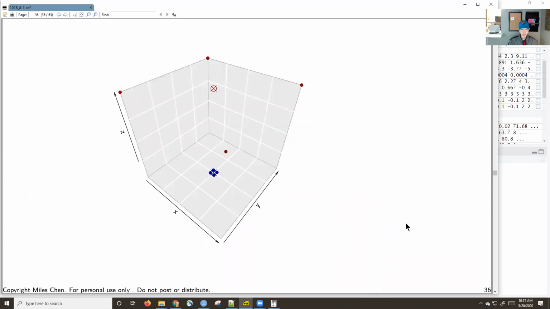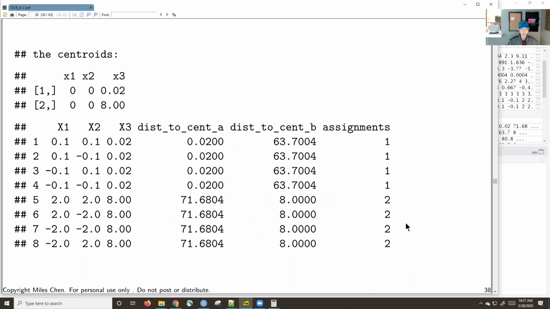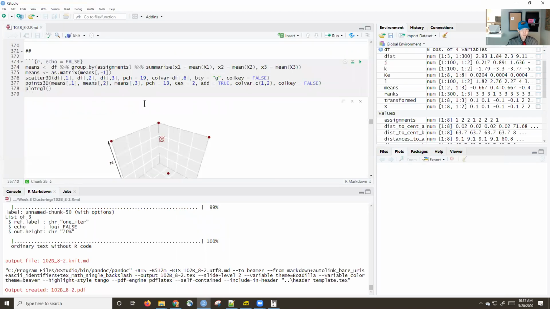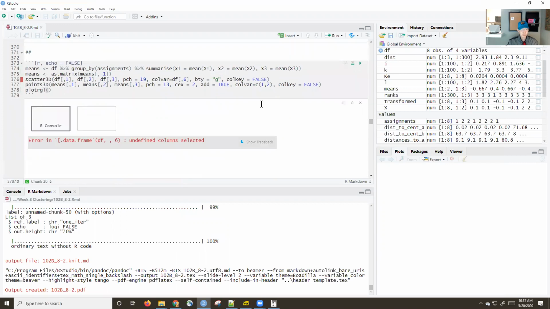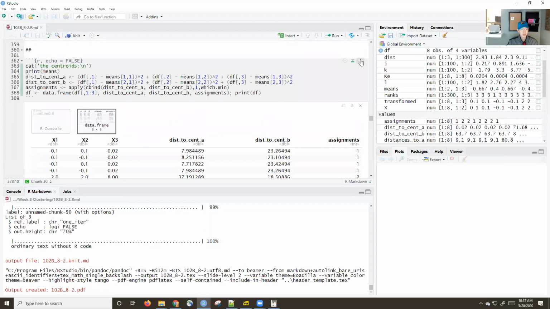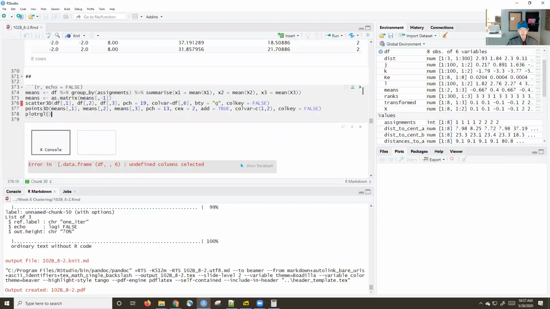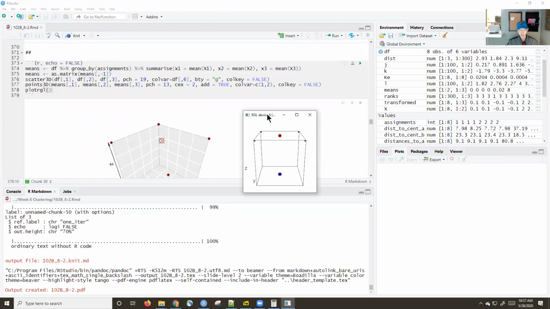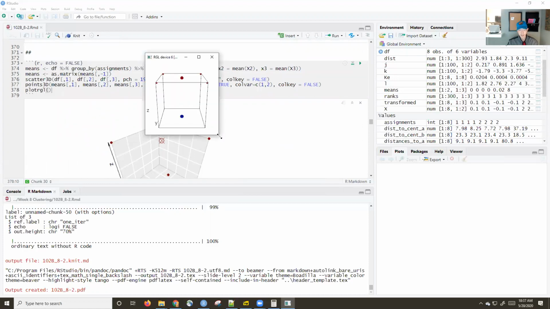And so when you do this, the resulting plot looks like this. Okay, so now this seems a little silly.